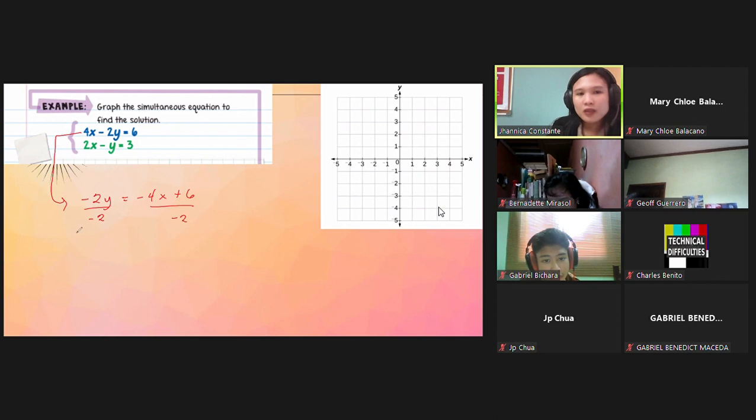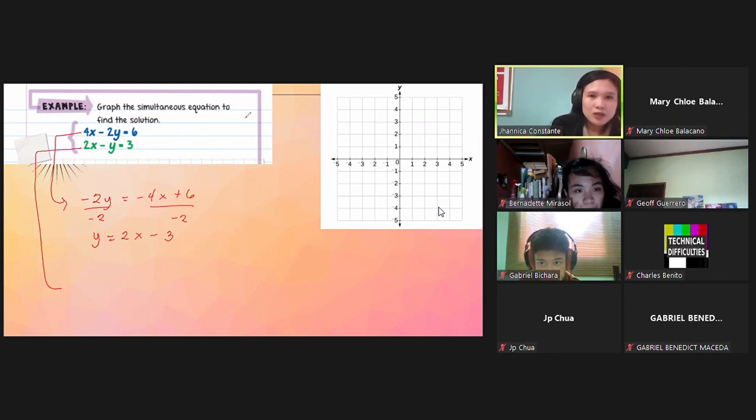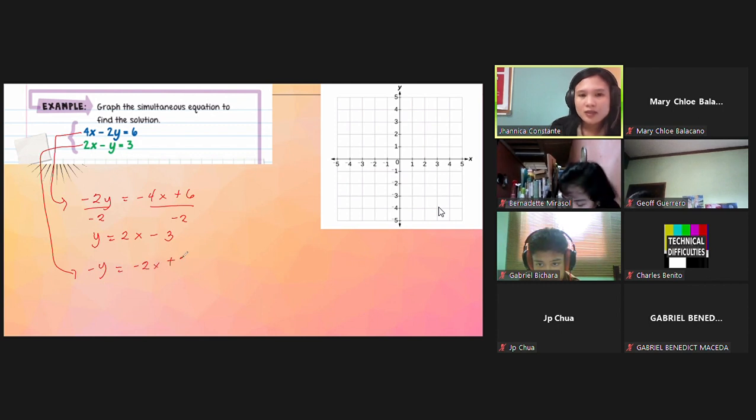The slope-intercept form of the equation is y equals positive 2x minus 3. For our second equation, we have negative y equals negative 2x plus 3. Divide both sides by negative 1. So we have y equals 2x minus 3.